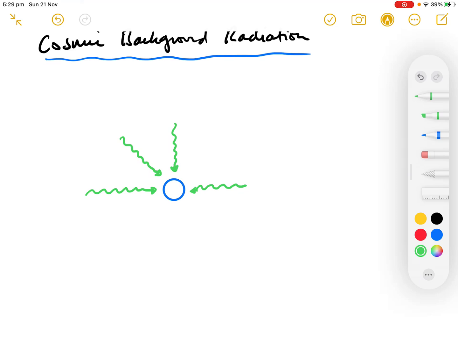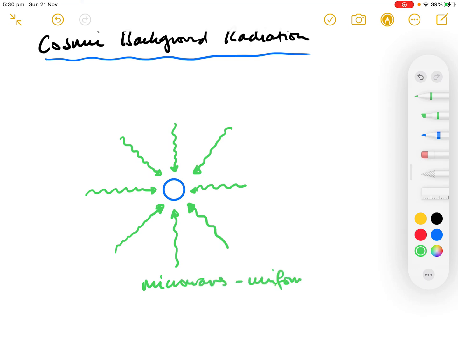So it didn't matter where they looked in the sky, they got a similar intensity of these microwaves. Now that was quite surprising. Uniformly detected in all directions.